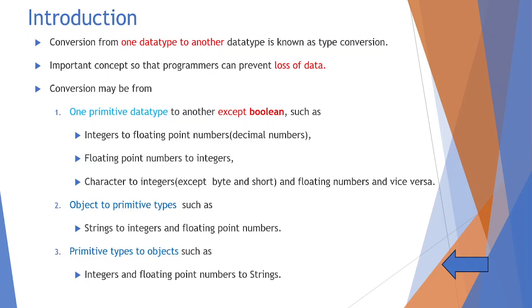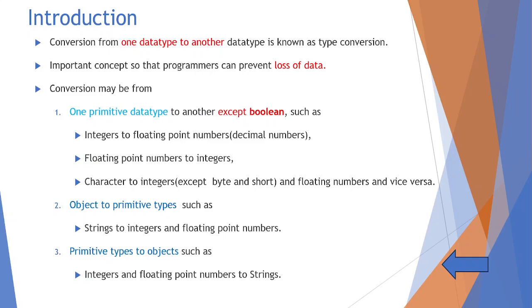Now, integers to floating point numbers: byte, short, int, long to float and double. From float to integers. Then character to integers and floating point numbers, and vice versa. But character cannot be converted to byte or short.